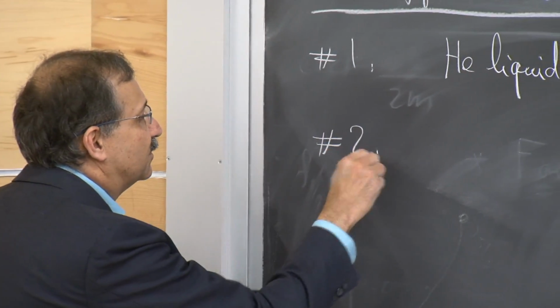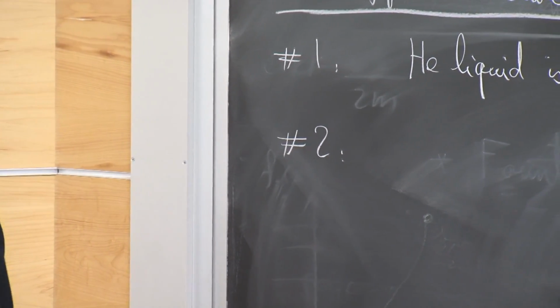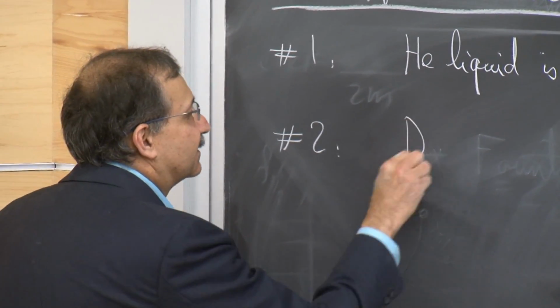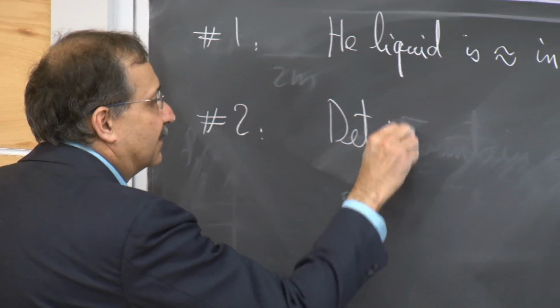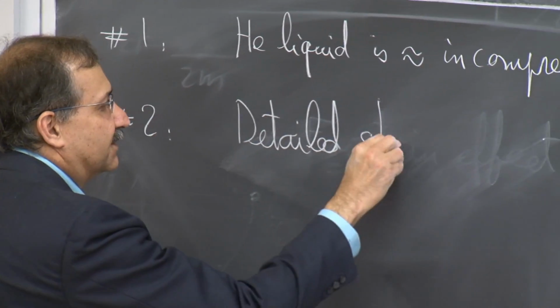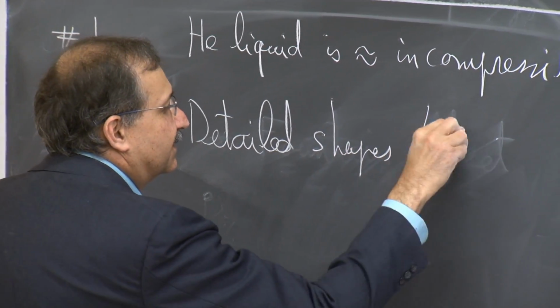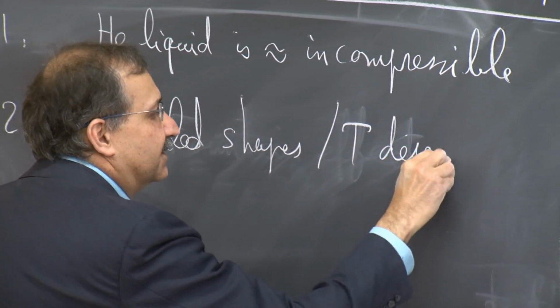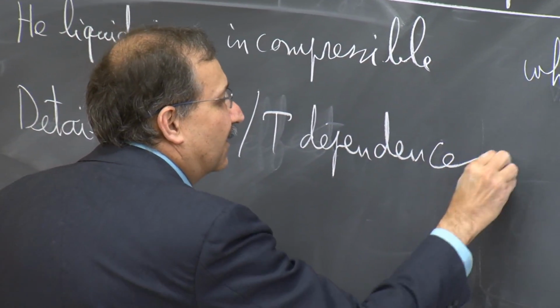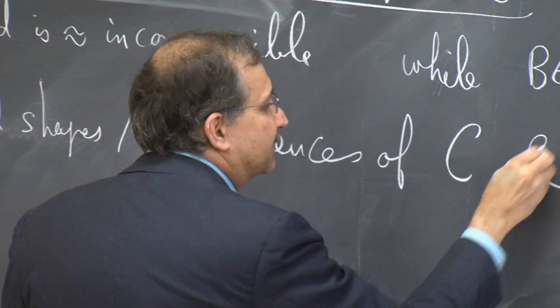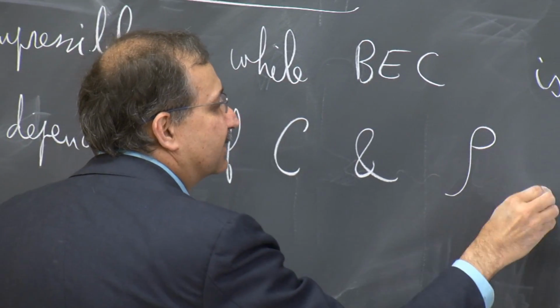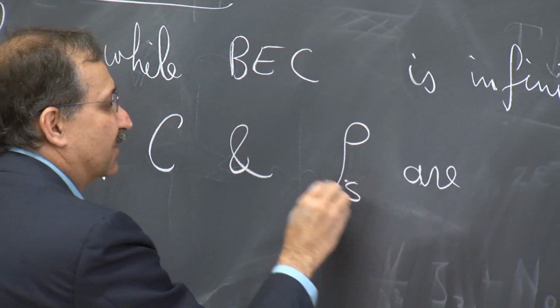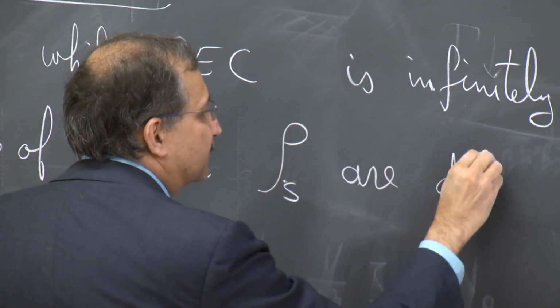Number 2 is that the detailed shapes, the T dependences, of heat capacity and density of the superfluid part are different.